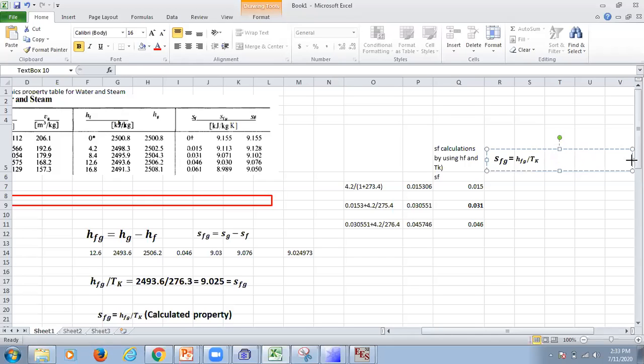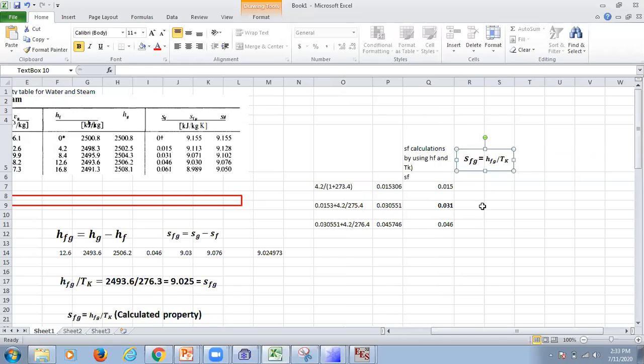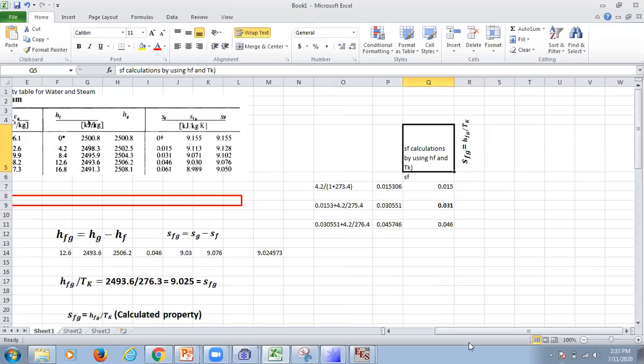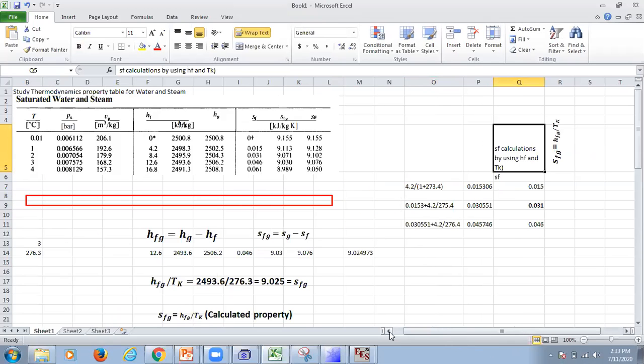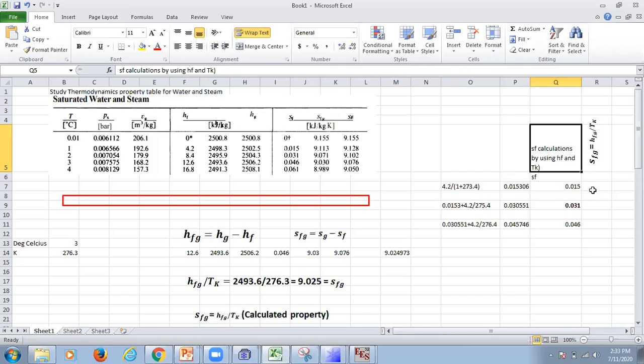We are going to calculate SFG in this column. Actually, for SF calculation also, we can have a simple formulation like this. SFG calculation is very simple: HFG by TK.